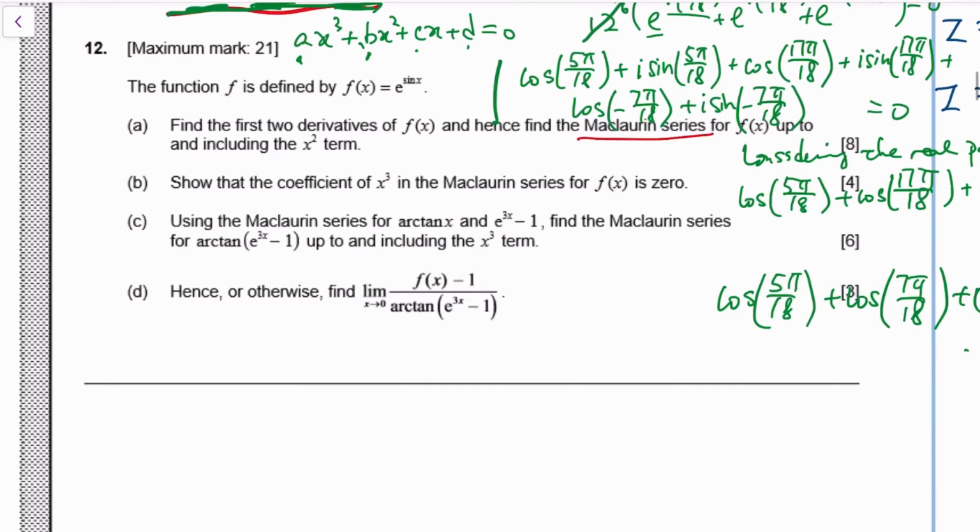So there's a function. Find the first derivative of f(x) and find the Maclaurin series of f(x) up to and including x squared. Okay. So you should be familiar with the formula for Maclaurin. I believe it's in the formula booklet, even if you cannot memorize it.